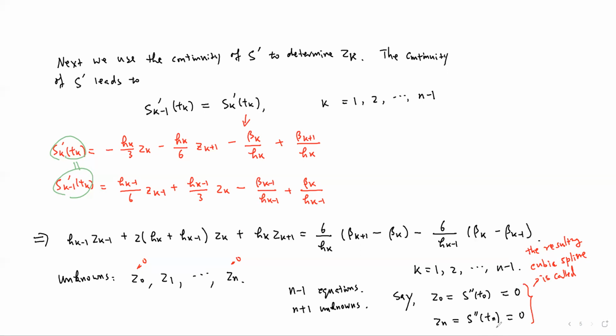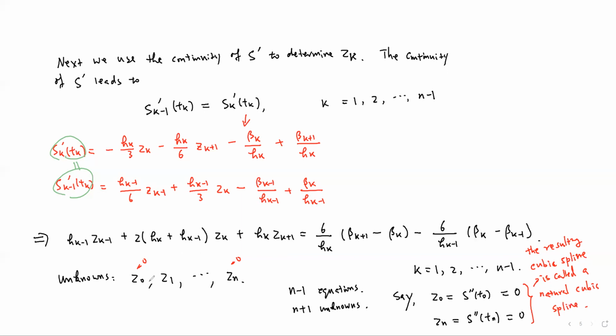Let me see how the book calls it. It's called a natural cubic spline. If you assign other values to c0 and cn, the resulting cubic spline is not natural.